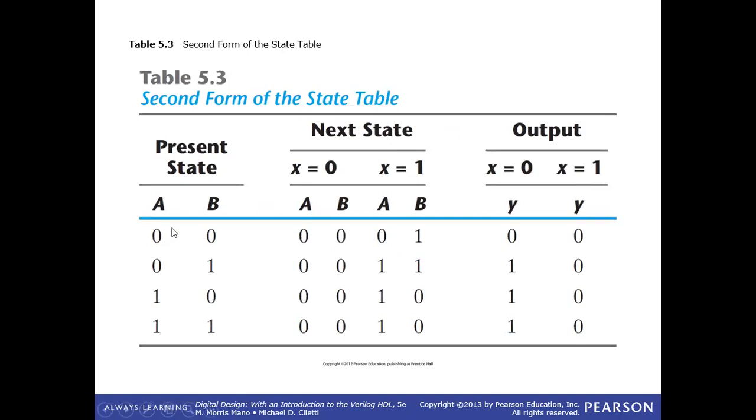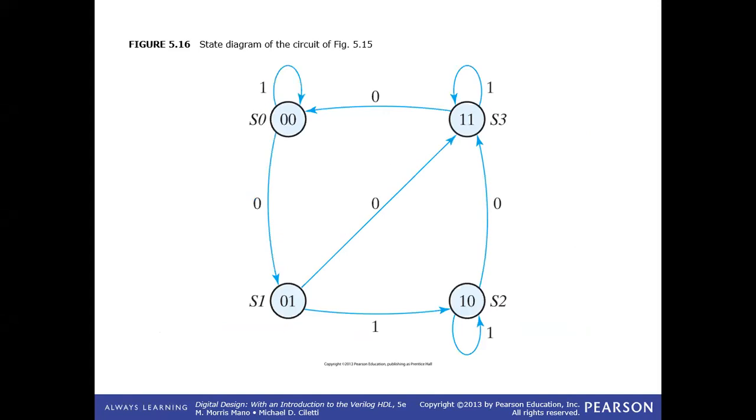Like what happens to the present state 0, 0 if x is equal to 0, or what happens to the state 0, 0 when the input is 1. So the other method to represent this state table is this one, where these states 0, 0, 1, 1 represent the states A, B, and the zeros and ones represent the inputs.